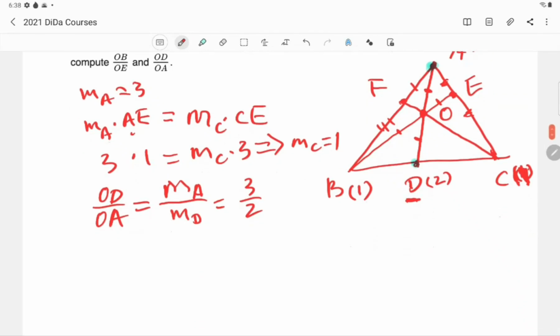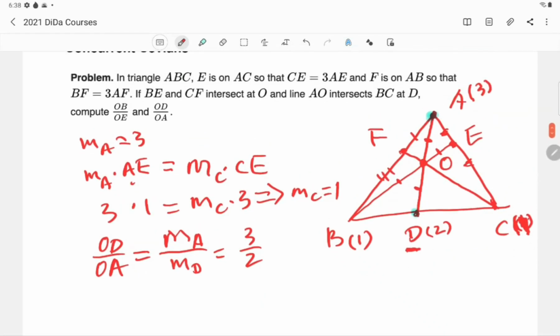Now, how do I calculate the second ratio, OB over OE? Because O, B and E are on the same line, they are collinear, I want to find the masses of the endpoints B and E. B I already know is 1.